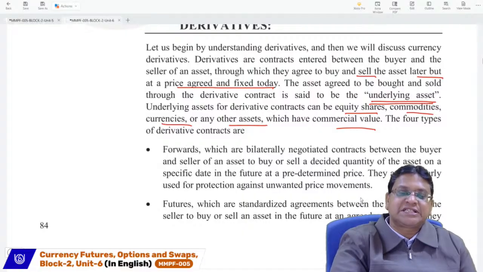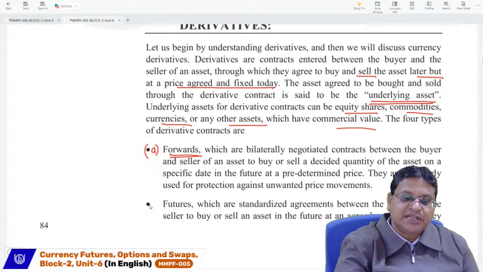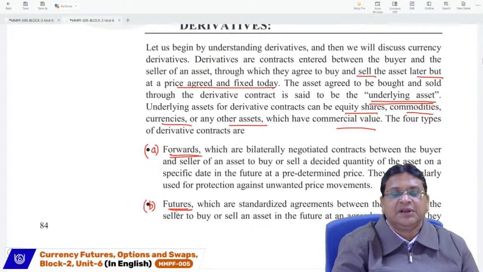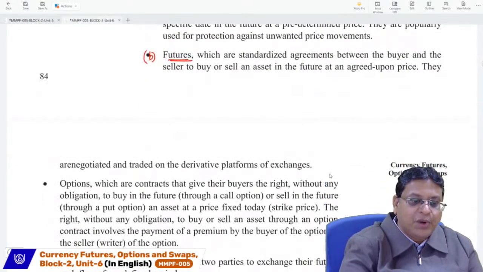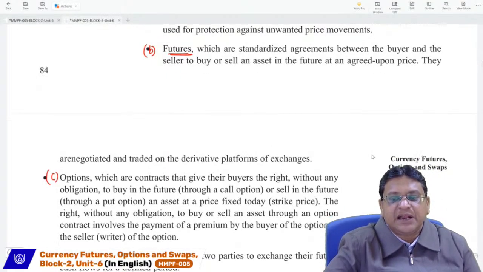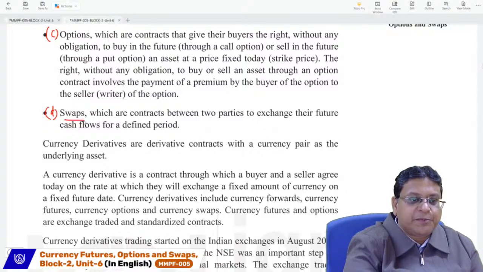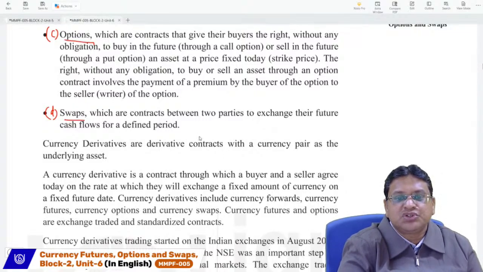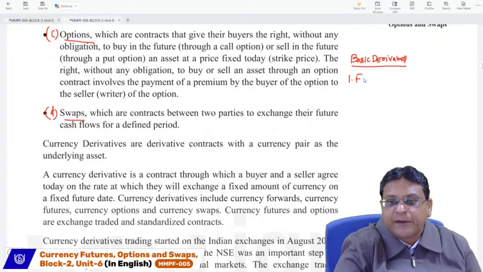There are four basic types of derivatives: forward contract, futures contract, option contract, and swap contract.